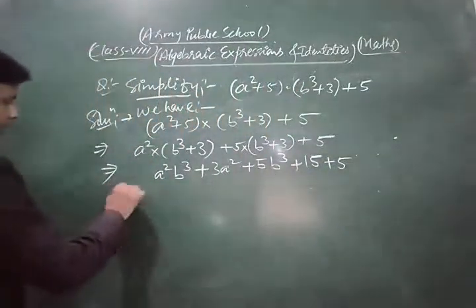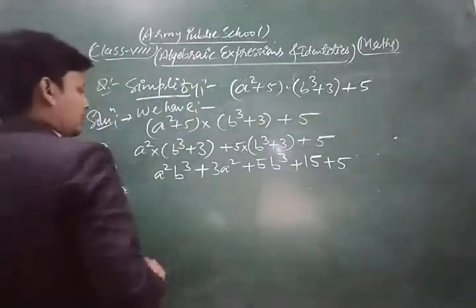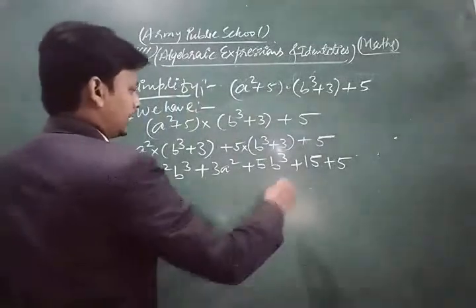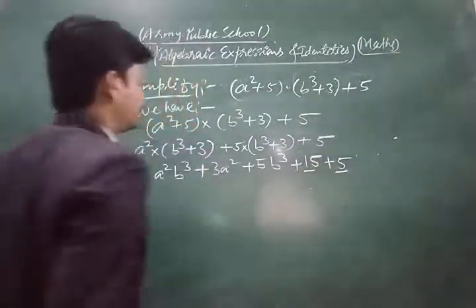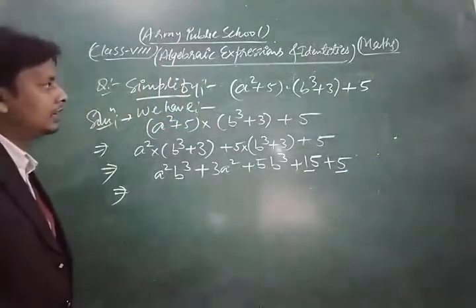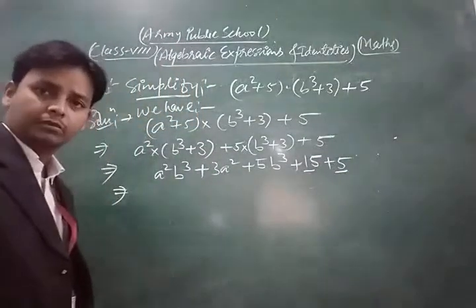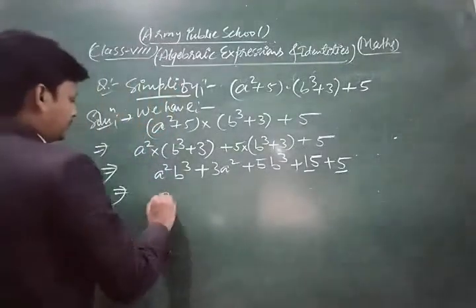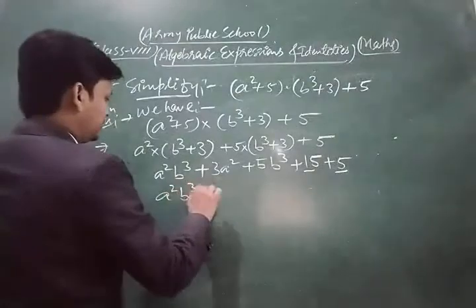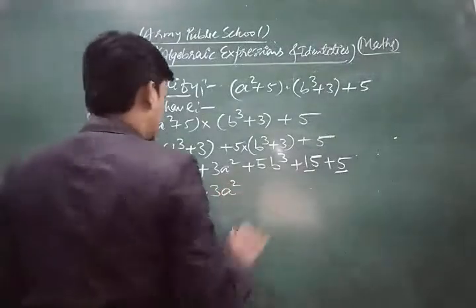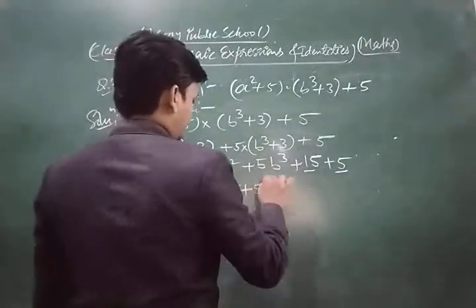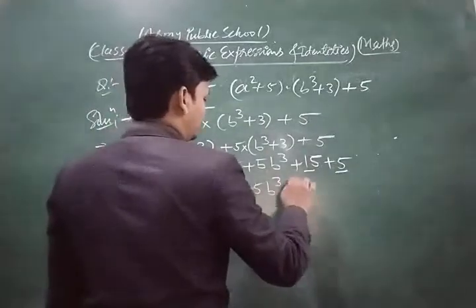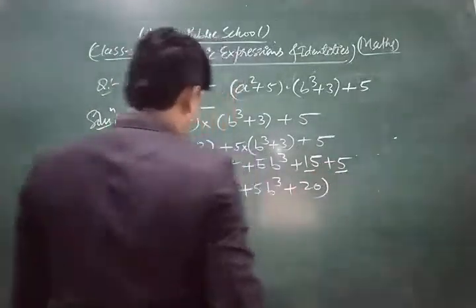Now look here, 15 and 5 are like terms, both constants, so we add them. We have a square b cube plus 3a square plus 5b cube plus 20.